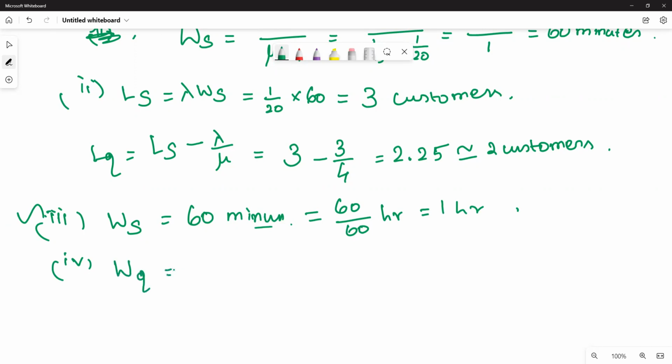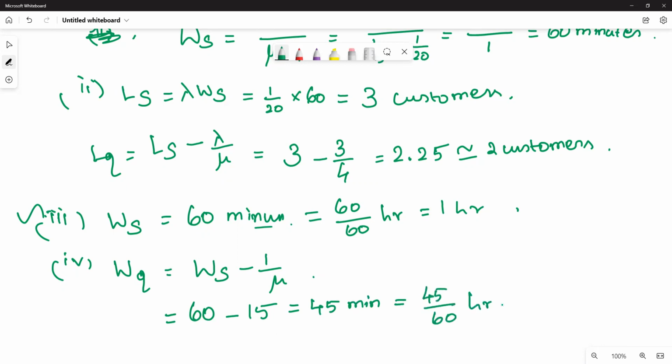By Little's formula, WQ is WS minus 1 by mu. For calculation, we'll substitute minutes, and at last we'll convert to hour. So 60 minus 1 by mu, the reciprocal is 15, which is 45 minutes. In terms of hours, 45 by 60 hours. We'll simplify this. So the average time the customer spends in the queue, we have found.